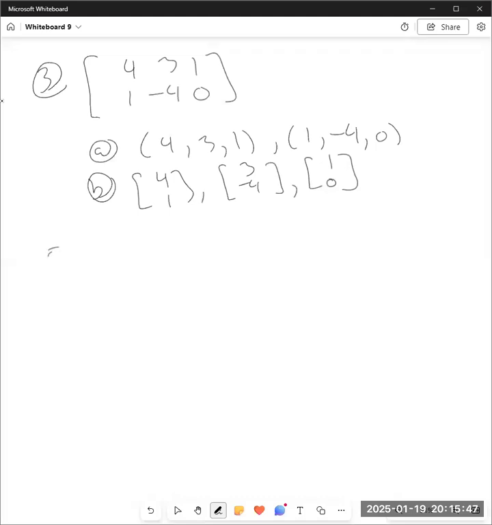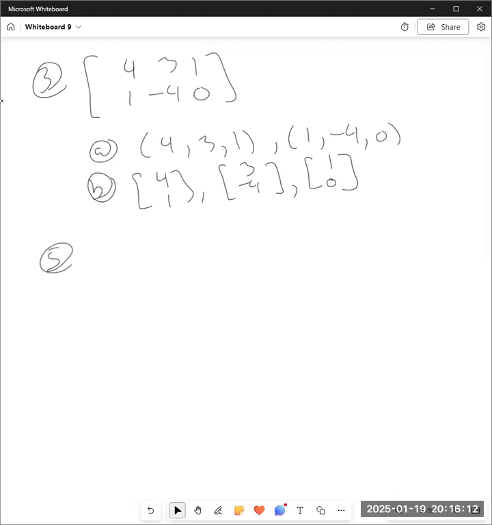Number 5 asks us to find the basis for the row space and rank. So A, find a basis for the row space, and B, the rank of the matrix.